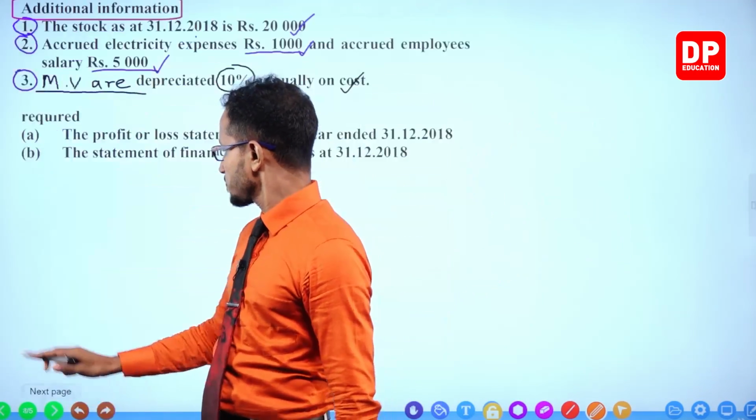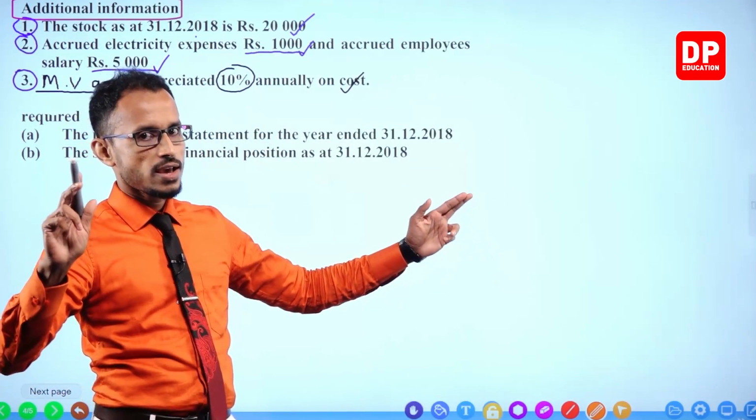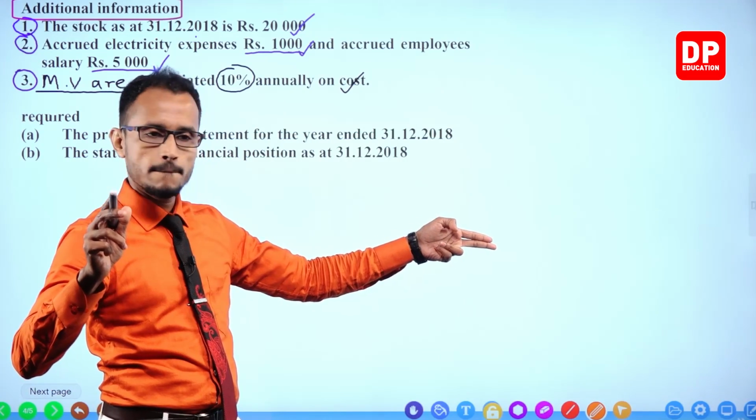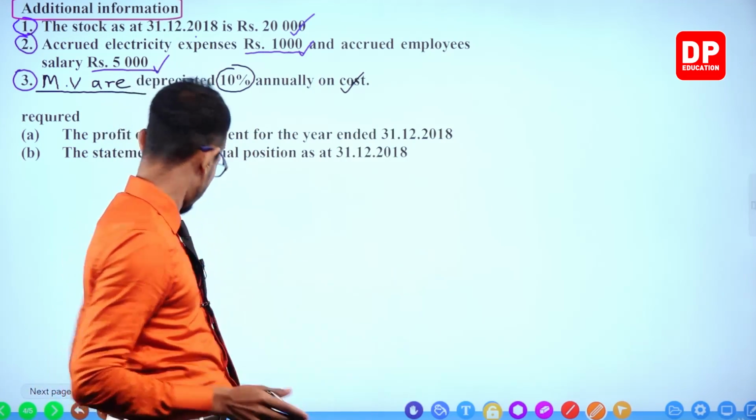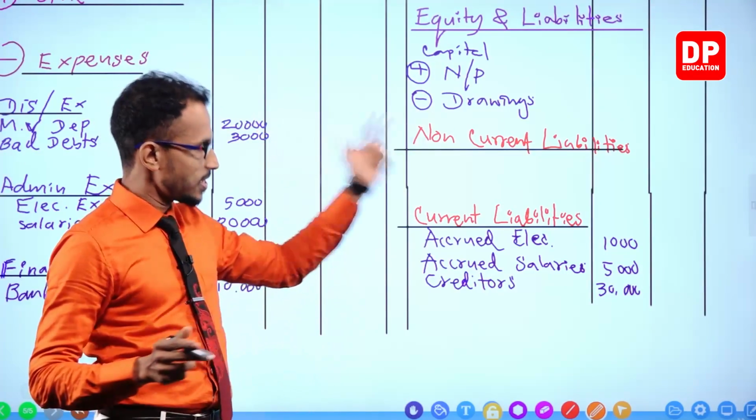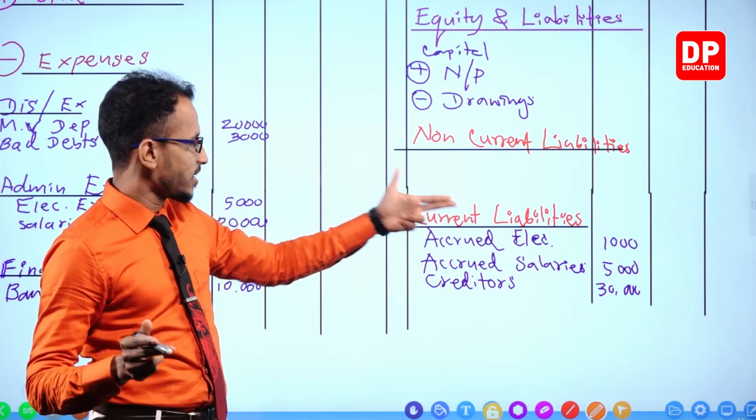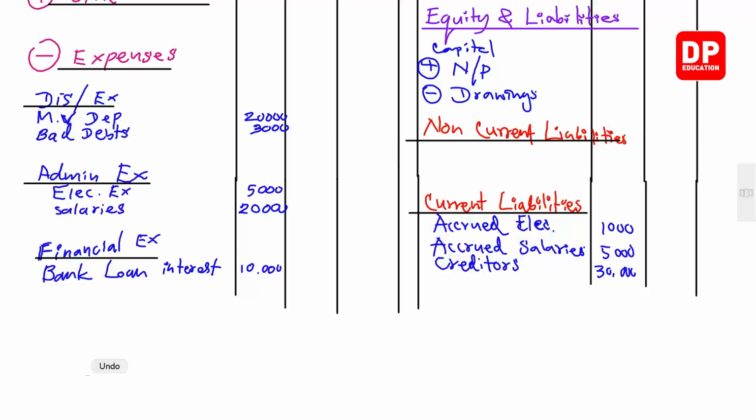That 3,000 should go to SOFP under current liabilities. Accrued bank loan interest, 3,000.